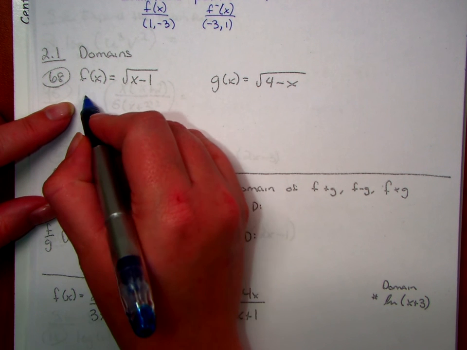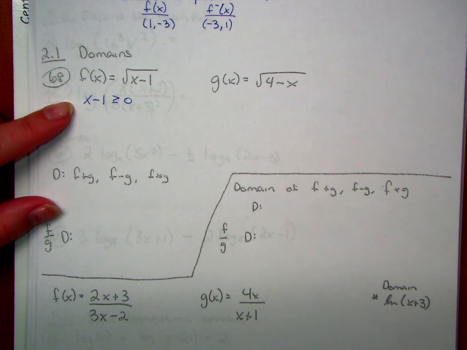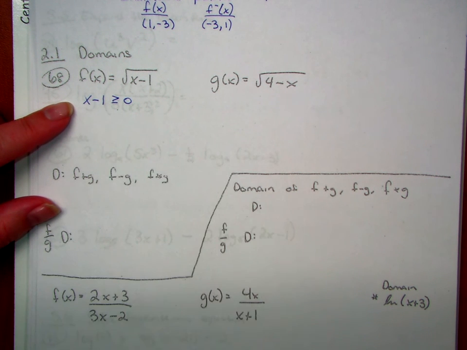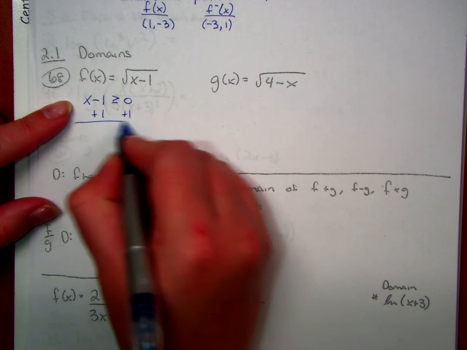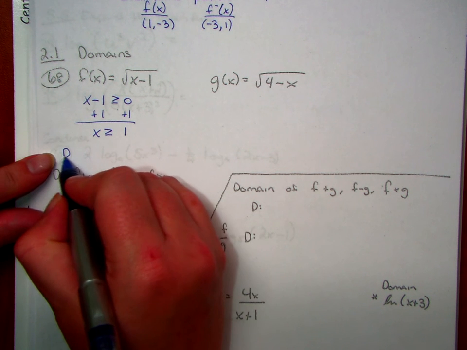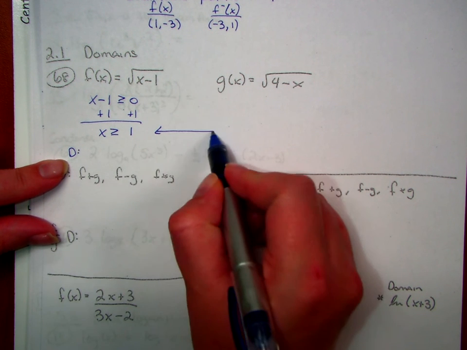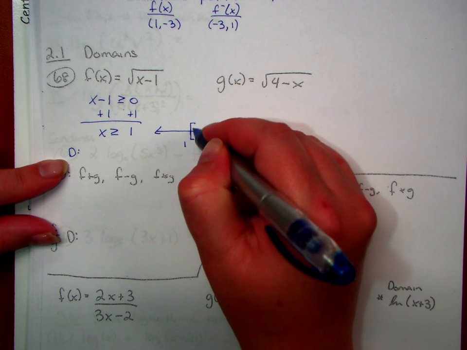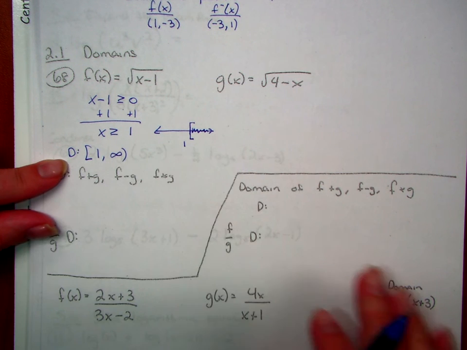I set up that inequality, removing the square root, because whatever's underneath must be greater than or equal to 0, since the square root of 0 is 0. If I add 1 to both sides, I get x is greater than or equal to 1. That's the domain. As an interval, we put 1 on the number line, it's equal so we use a bracket, and we shade to the right. So the interval is 1 to infinity.